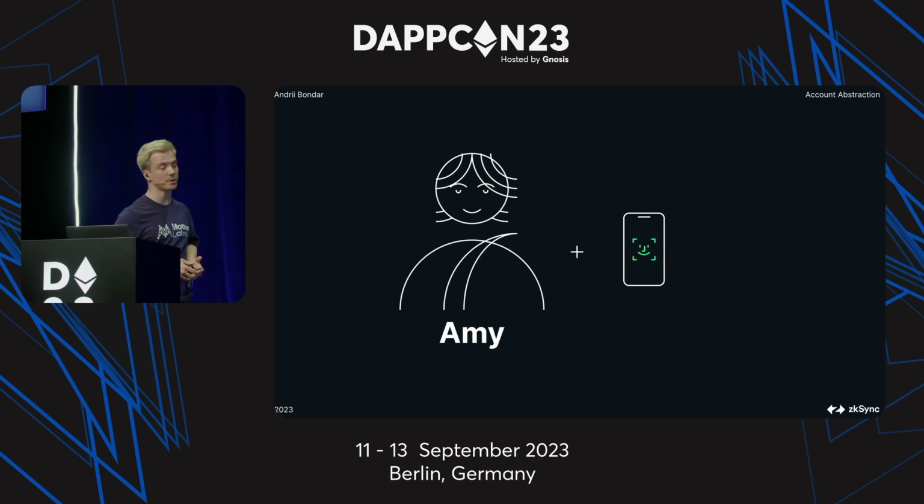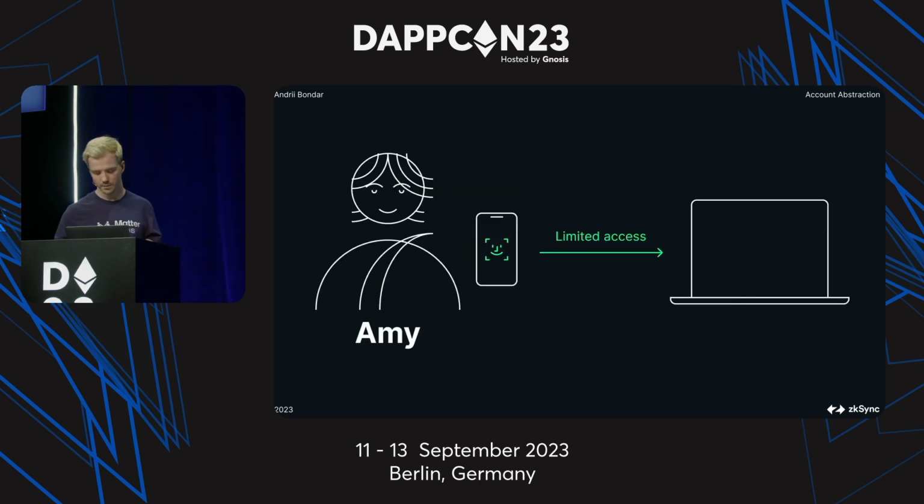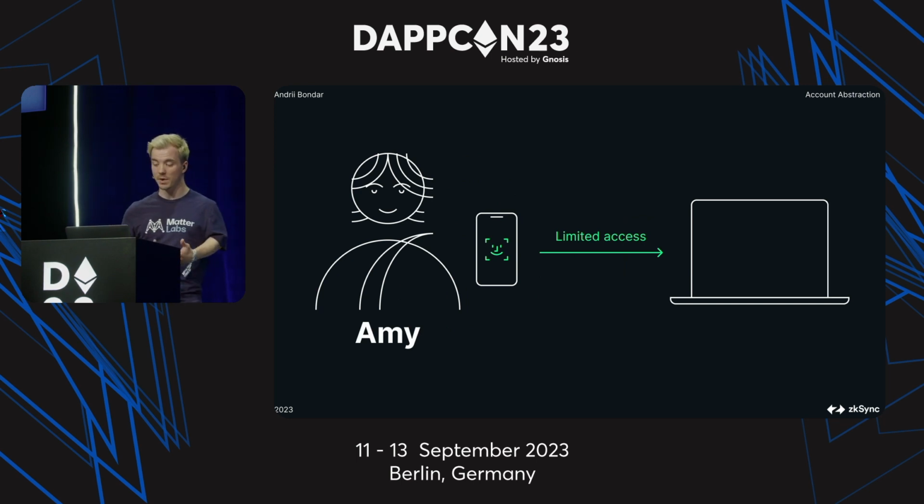To realize this scenario, she can have a smart mobile phone crypto wallet protected by biometric authentication. And she can log in to the desktop devices with the same authentication at home and office and allow them limited access.